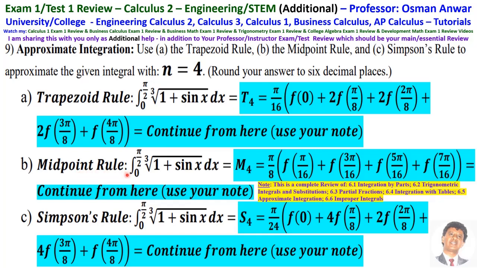Midpoint rule, delta x is pi over 8. Then the midpoints are pi over 16, 3 pi over 16, 5 pi over 16, 7 pi over 16.